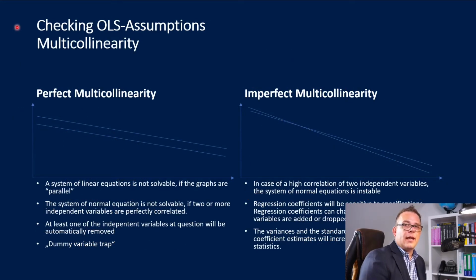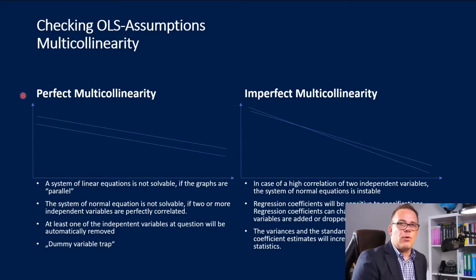As already indicated, one problem with OLS estimation directly comes from the minimization or optimization problem that we've just seen when calculating OLS estimates. And that's the problem of multicollinearity. We speak of perfect multicollinearity if two or more variables are perfectly correlated. They are perfectly redundant, or perfectly negatively correlated.